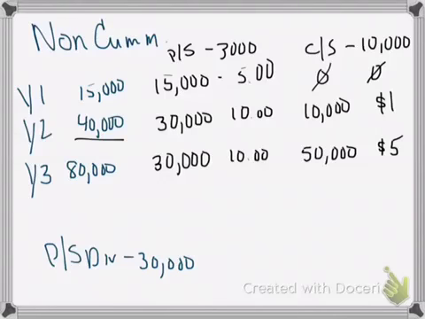Again, non-cumulative is a lot easier because I don't have to keep track of what was actually owed. I just know that the preferred stockholders are going to get the first 30,000 of dividends every year. If I don't pay out 30,000, then they get whatever is being paid out.